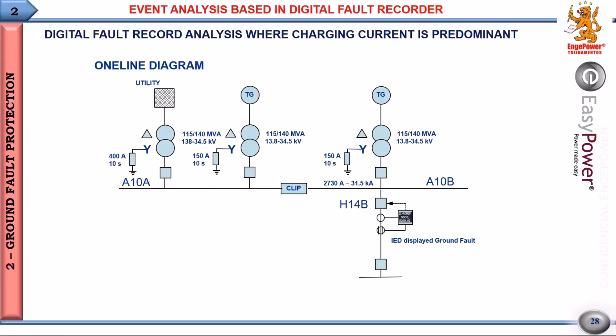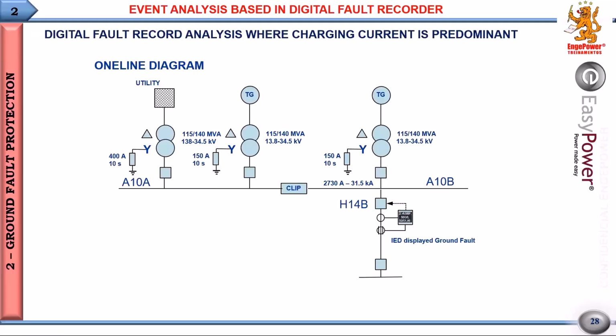Okay, so the utility supplies through this transformer here. We also have 2 turbo generators, 13.8 kV, and the step-up transformer to 34.5 kV. Connecting these 2 switchgears, we have a current limiting protector here, an IS limiter from ABB.